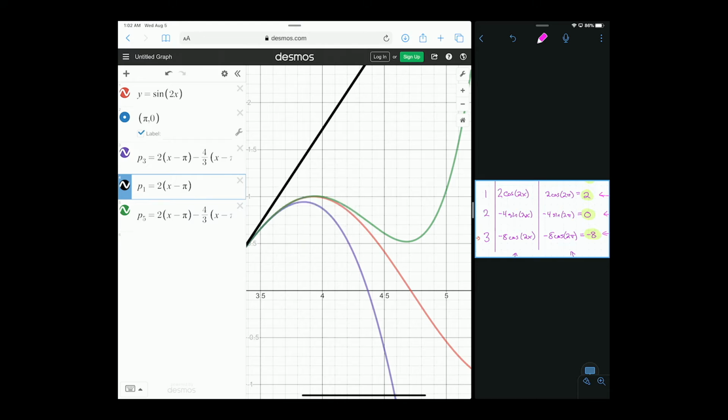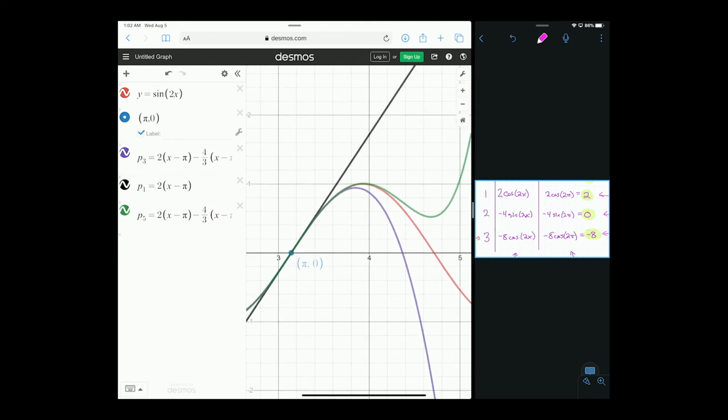The blue curve is better. The blue curve follows the red curve up to about here. But then the green curve, P5, actually follows the red curve up to about here. Well, that's better, right? So notice that the higher degree the polynomial is, the better job it does of following the red curve. The red curve is the original. The others are all approximations.